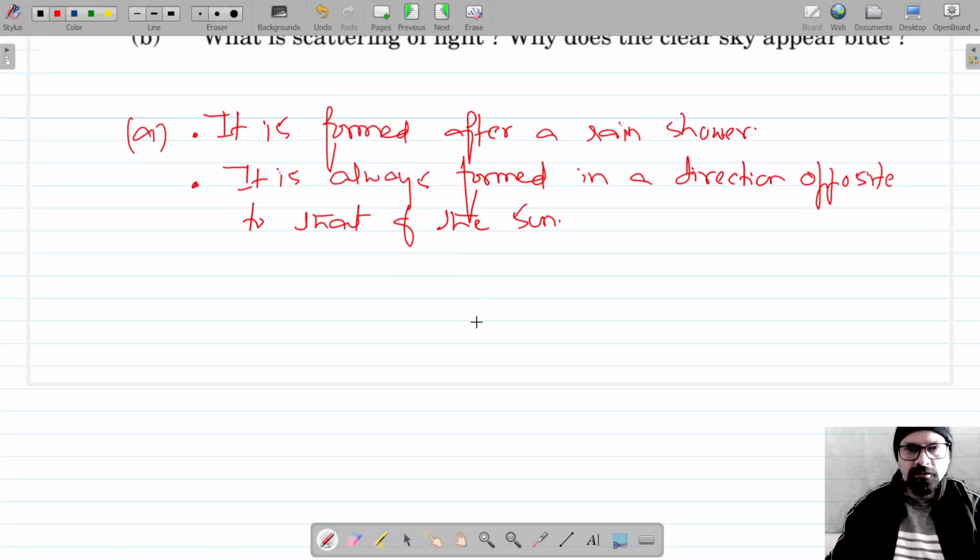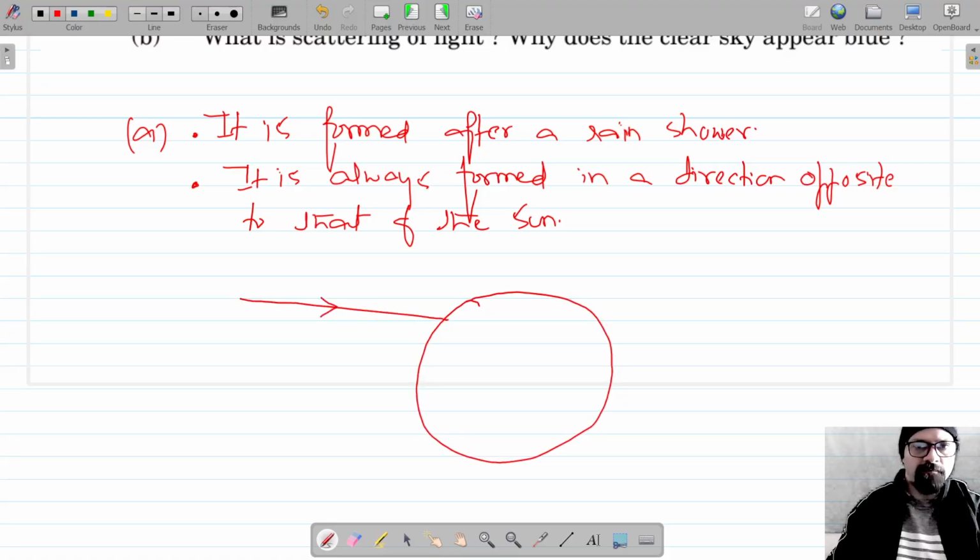So we know that the raindrops act as prisms. So let this be a spherical raindrop and let this be a white beam of light. Now let this be point A where it enters, and here there is dispersion. Dispersion means we get 7 colors which are violet, indigo, blue, green, yellow, orange, and red.